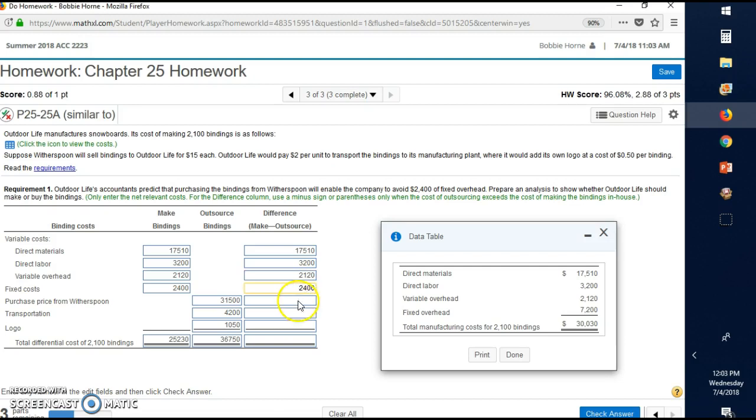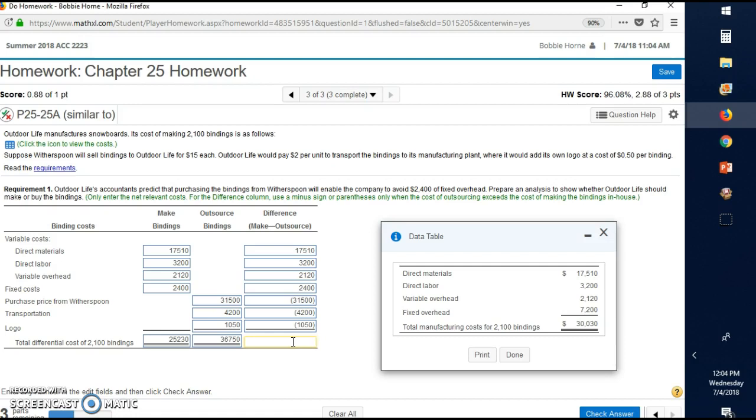If we outsource it, this would be the cost it would be. And I realized I started with question number 3, and that's okay. I did not mean to do that, but it will all work out.